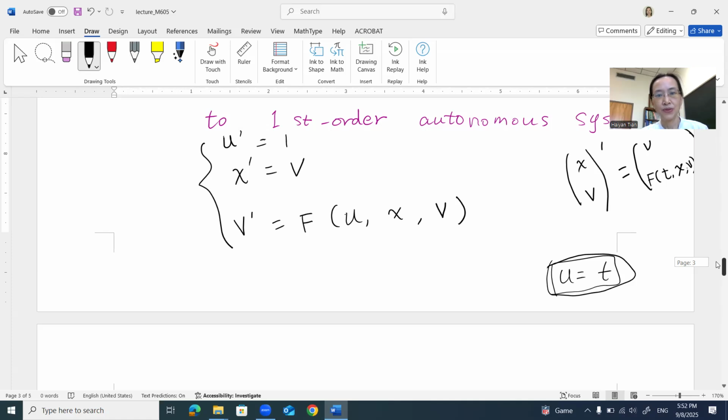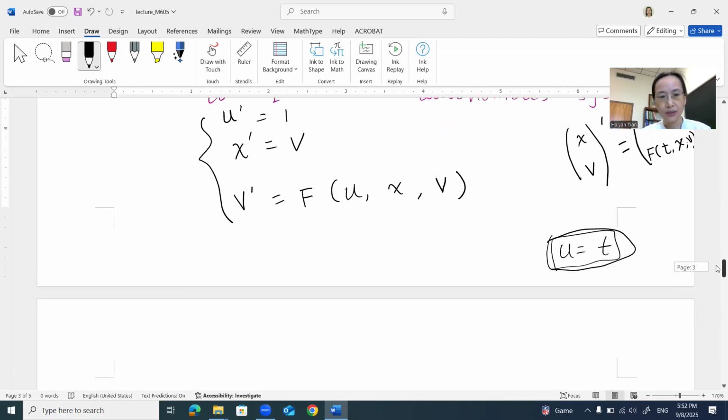So this u, x, v, we can write the u, x, v first derivative, and the vector field depends on only u, x, v, right? That is the right-hand side.